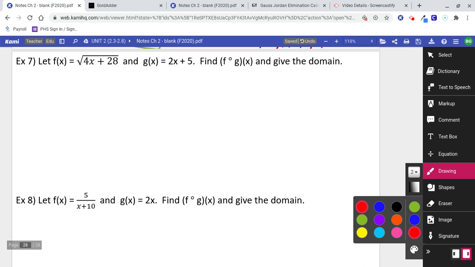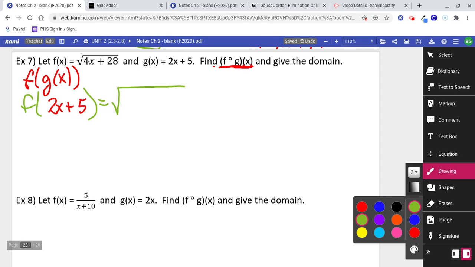Number 7, you've got two functions, find the composition and give the domain. So it says f of g of x. That's what this says right there. Well, g of x is just 2x plus 5. So we've got to plug that into the f function.